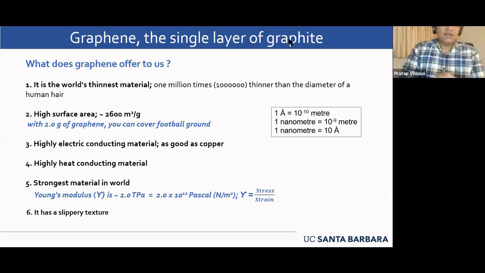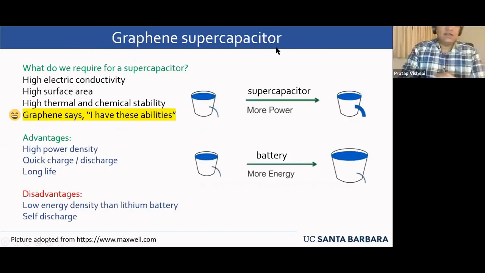A supercapacitor needs high electric conductivity. It needs high surface area. It needs high thermal and chemical stability. And after listening to all these things, graphene will come and say, I have all these abilities. Okay, great. We will use graphene.